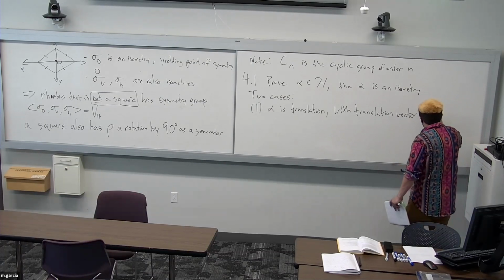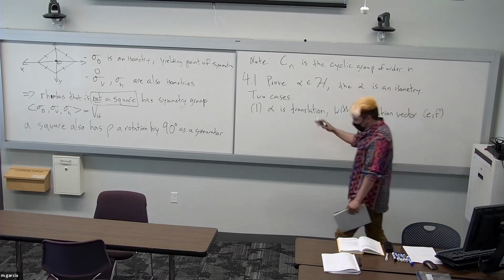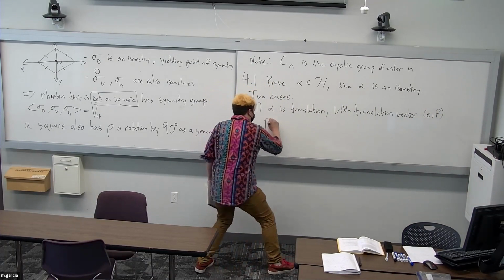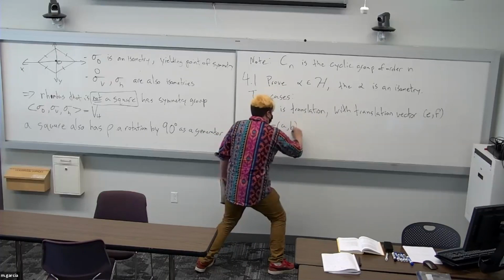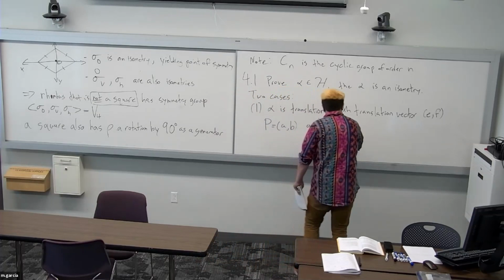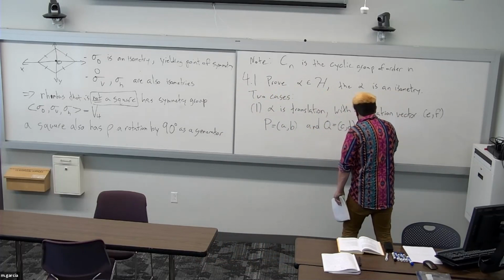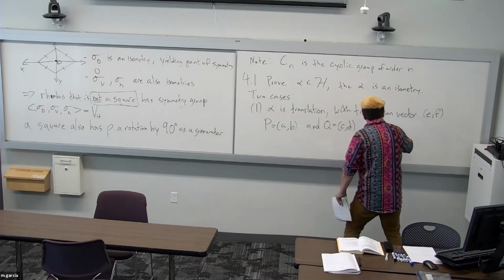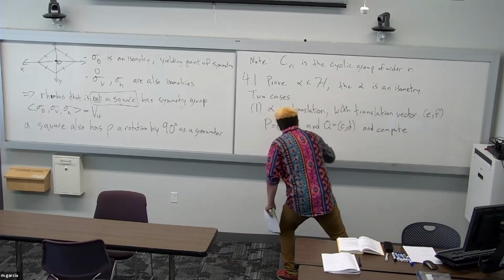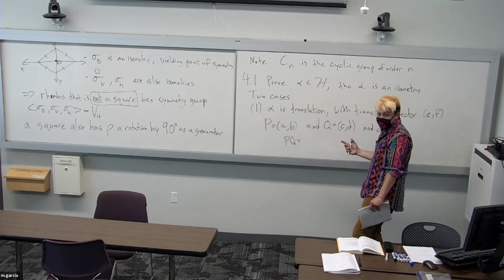Let's just say it has translation vector E and F. Okay, so if I really wanted to carry this calculation through all the way, I would take points P and Q, and compute the length of the line segment between P and Q, right?